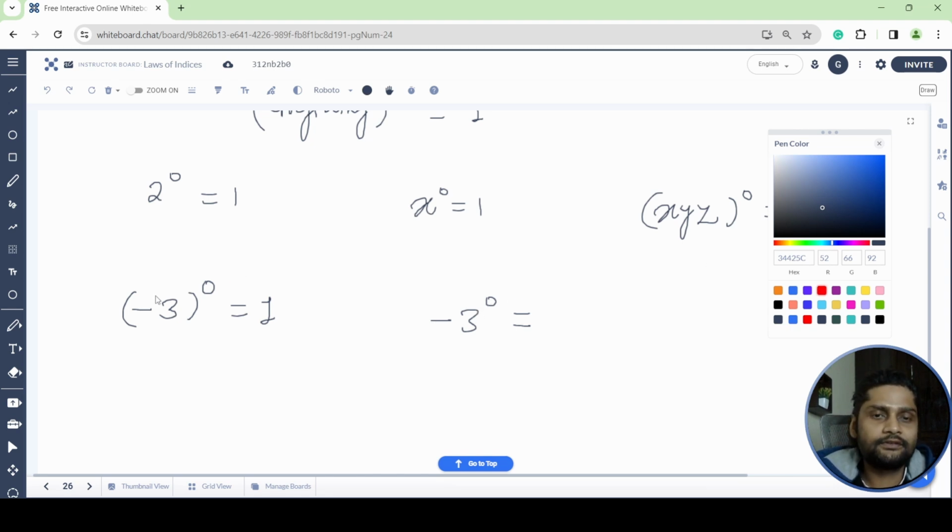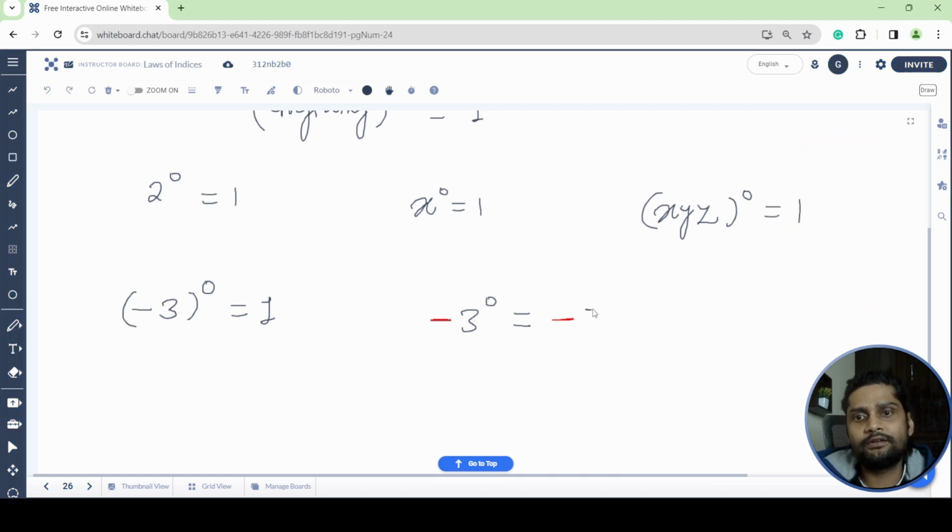In the previous example, we do have negative included within this 0, so that was equal to 1, there's no problem. But this time this negative sign hasn't got anything to do with this exponent, so keep this negative sign aside here, and your 3 raised to the power of 0 will still make it 1.